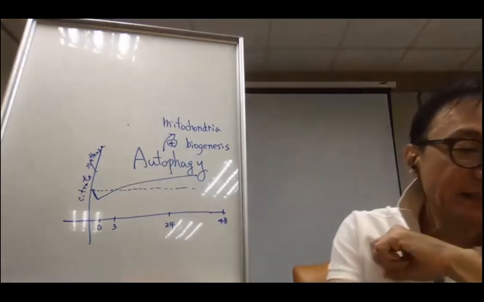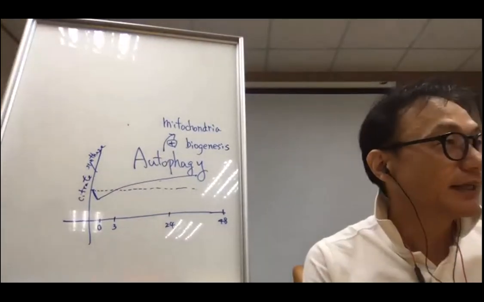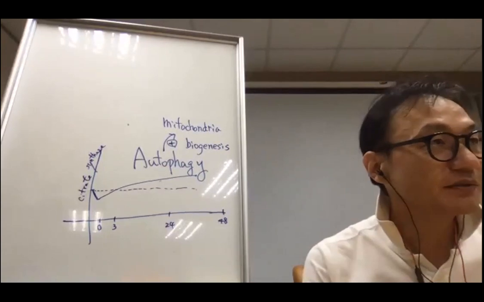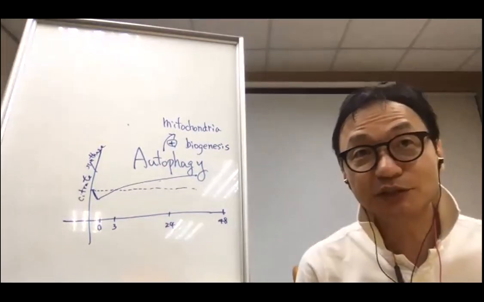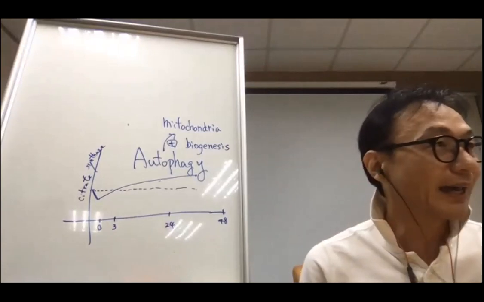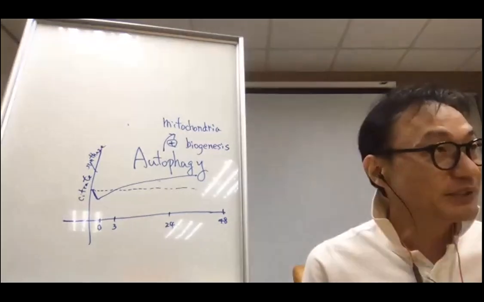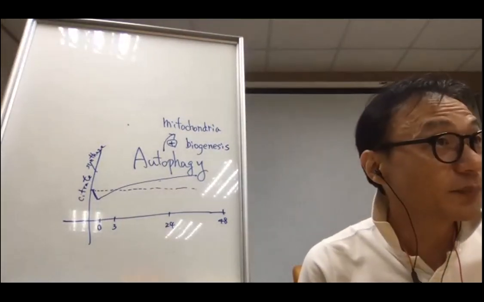Right, that's a very good answer. If you challenge yourself with exercise training that causes a lot of muscle damage, then you have inflammation going on, and the inflammation kills all unhealthy cells, and you have a lot of regeneration inside the skeletal muscle.